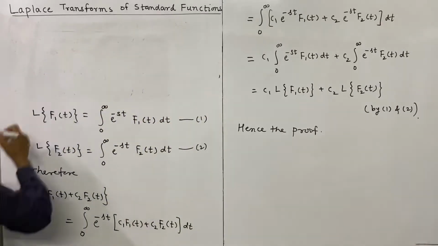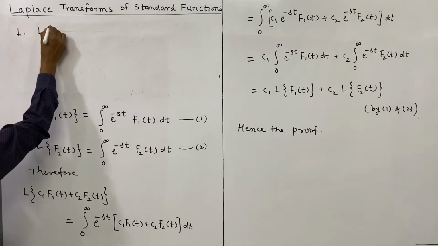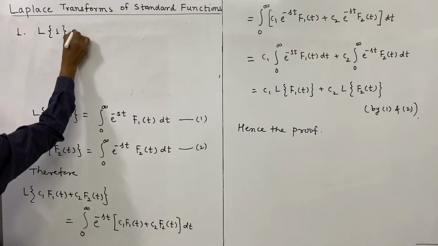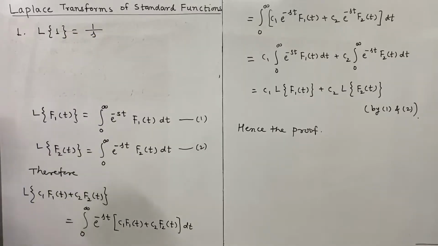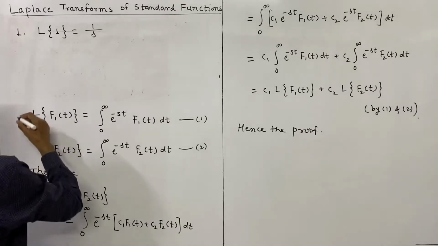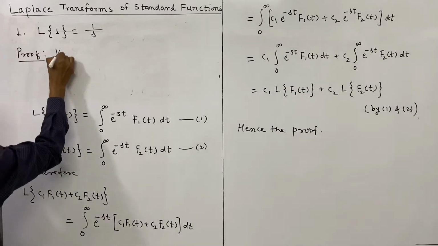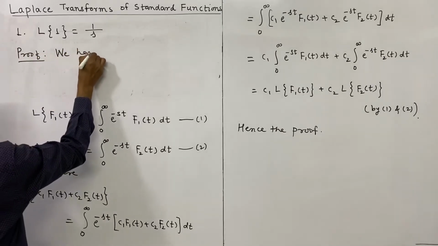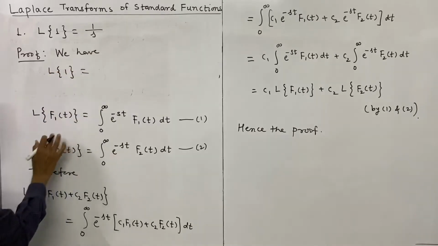So the Laplace transform of standard functions, first L of 1, and we shall show that it is 1 upon s, where s is greater than 0, which we shall assume. The proof for this is: we have by definition L of 1. See, here is the definition.